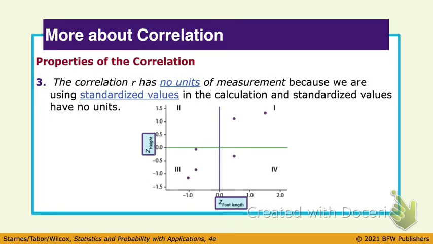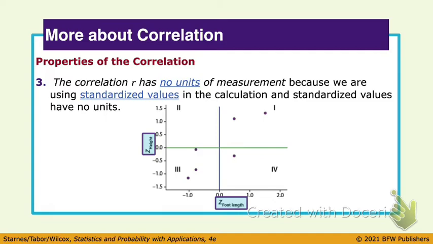All right, the next thing that we're going to look at is that the correlation R has no units. It does not have units at all. The reason is, again, it is a standardized value. So it does not matter if I am talking about inches or centimeters or whatever it might be.